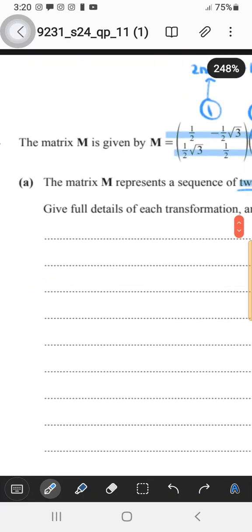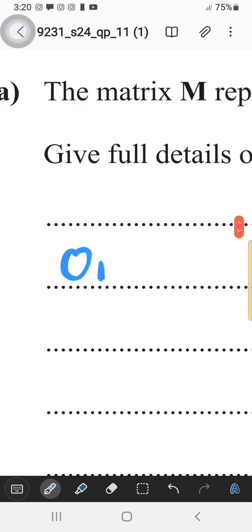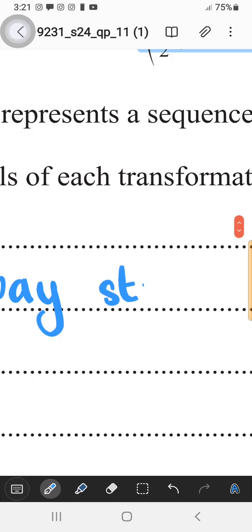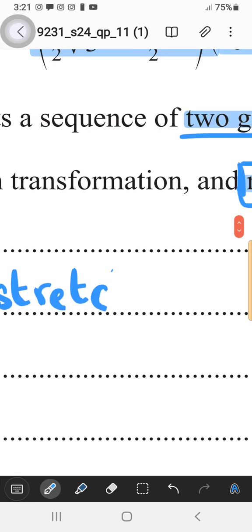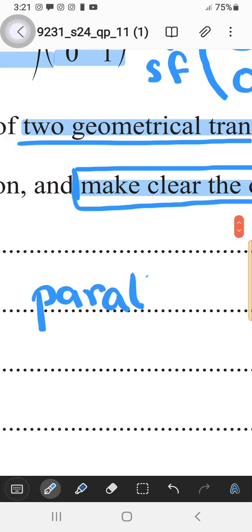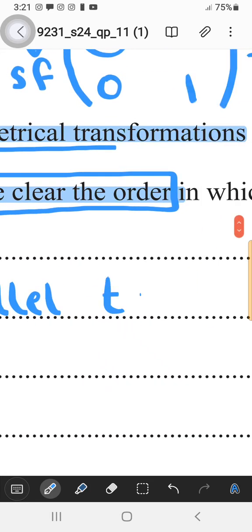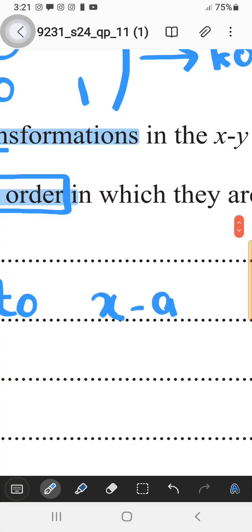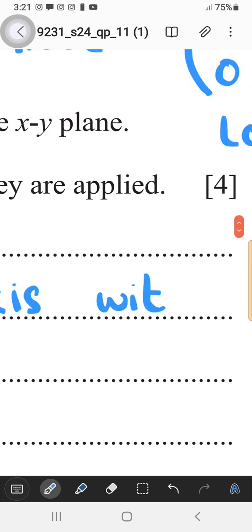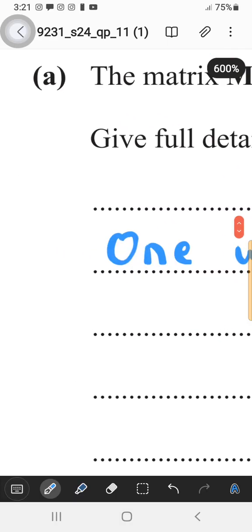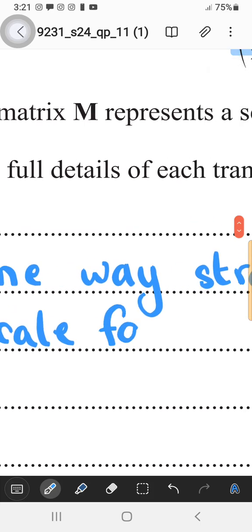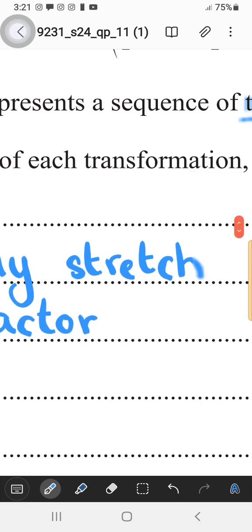So how will I write it? I will write it as one way stretch parallel to x-axis with scale factor equal to 1/4.